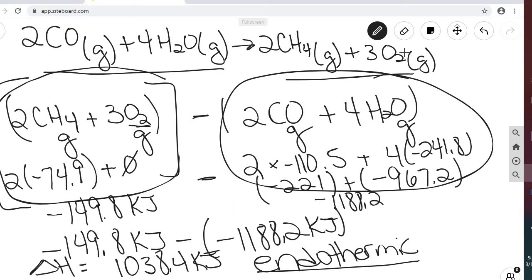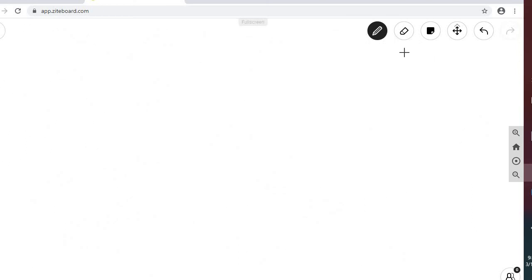Okay, so let's do a couple more of these, and then maybe we'll finish up for today. So let's do comprehension check number 3.